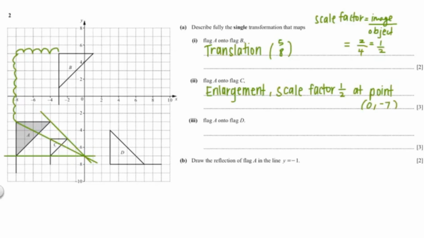The next question is asking A onto D, and you can tell that it is a rotation. It rotates 90 degrees anti-clockwise. Like the previous question, we have to mention at which point it rotates. So usually I will try the origin. So I'll try rotating the image from the origin.